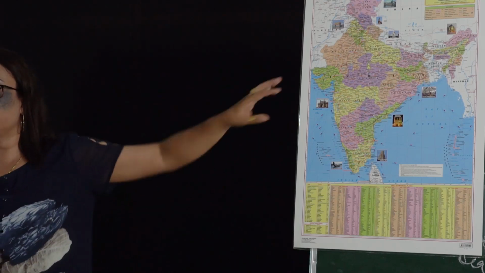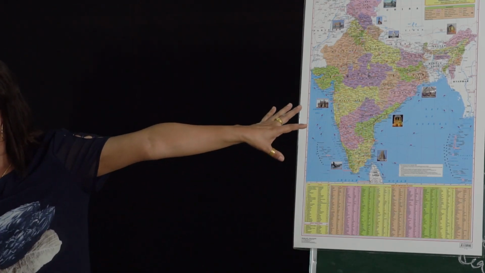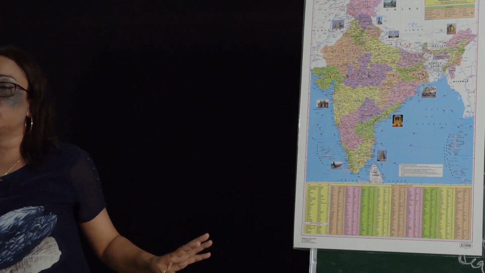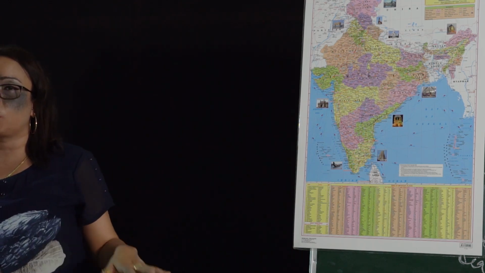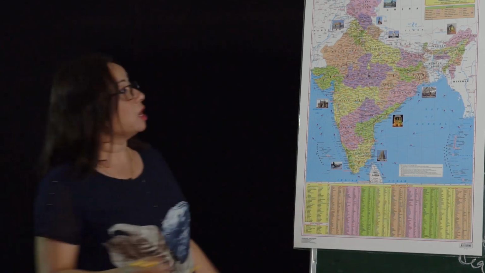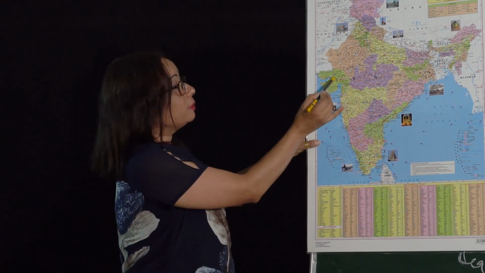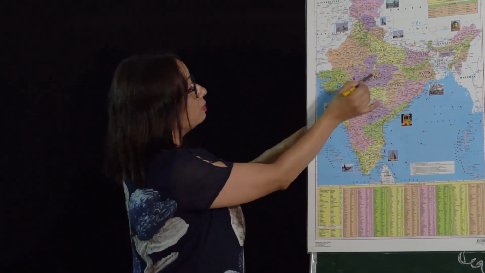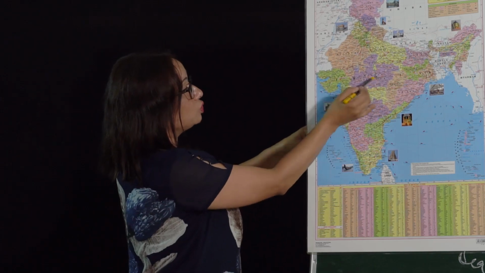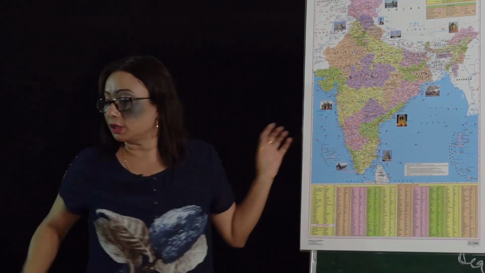The Narmada Basin has its source near a place called Amarkantak in Madhya Pradesh, and you will find the basin formed by the flowing of the Narmada River in two places, that is Madhya Pradesh here and Gujarat. So, the Narmada River has its basin in Madhya Pradesh and Gujarat. In these two states you will find the basins of Narmada.